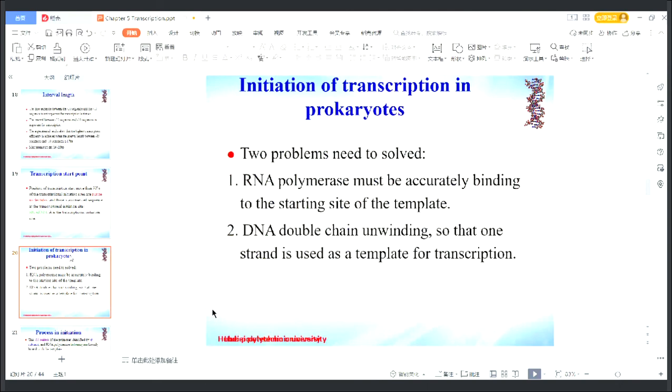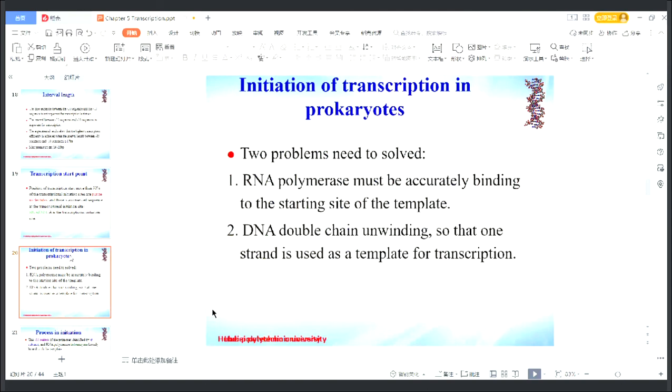At that time, beginning the transcription, the RNA polymerase must be accurately bonded to the start point of the template.